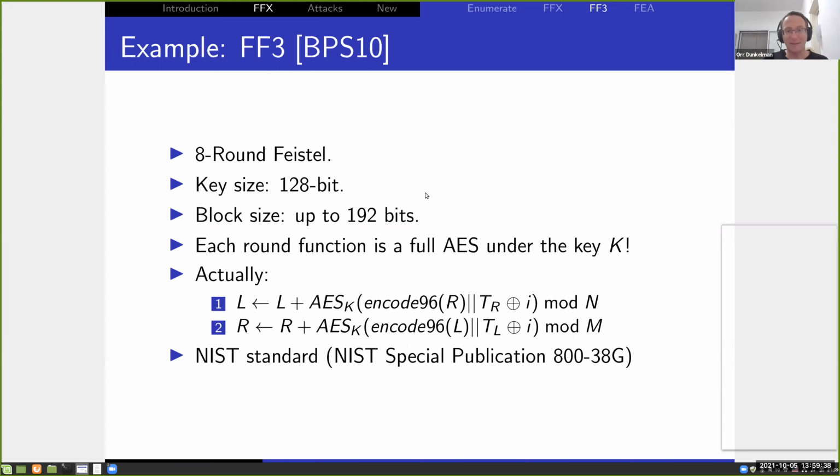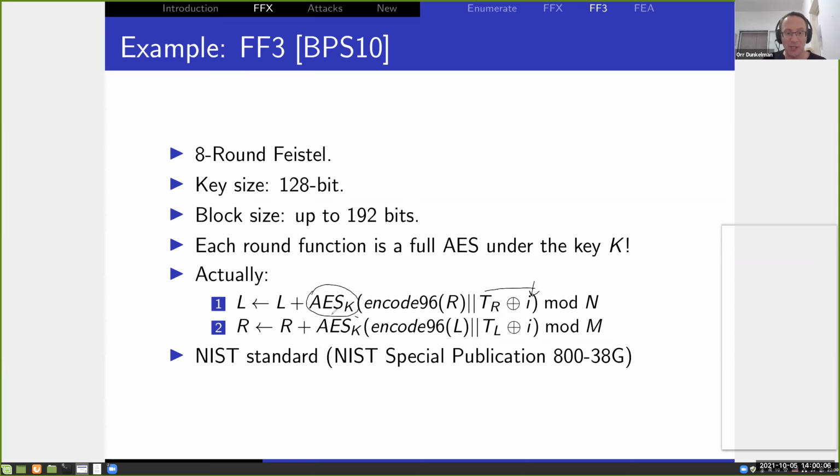And then you just use the following round function, and the key element here is that you have a full AES-128 under the key K as the round function. So you take the right half, you encode it in 96 bits, you add a tweak XORed with the round constant, which are encoded in 32 bits, and then you encrypt using AES-128, and this is very secure.